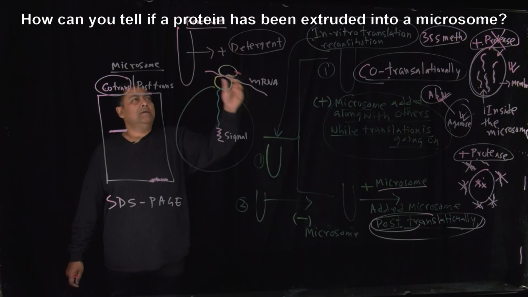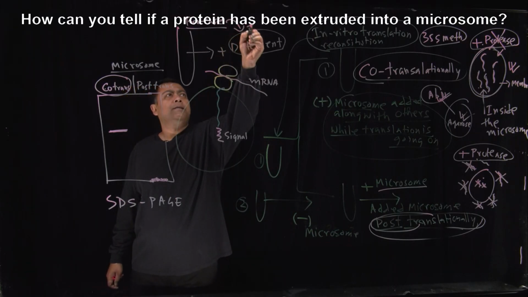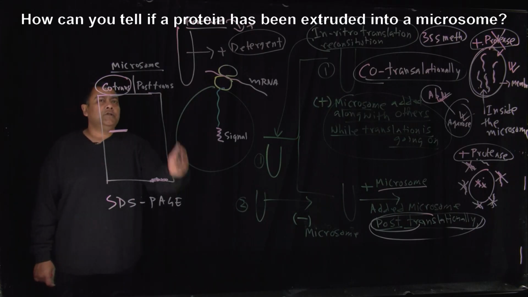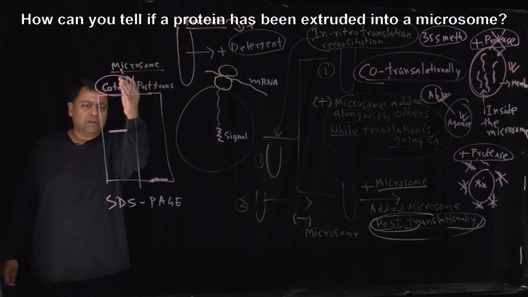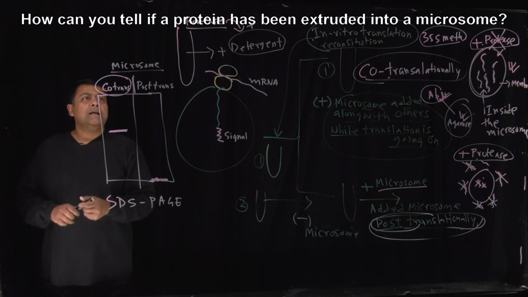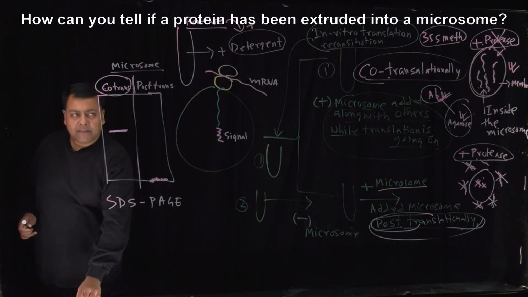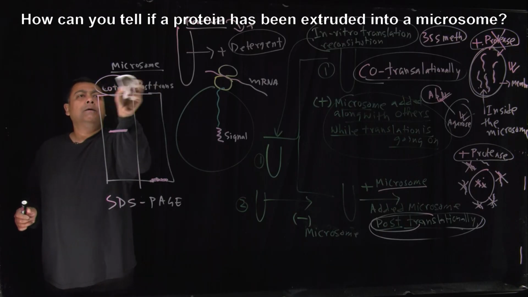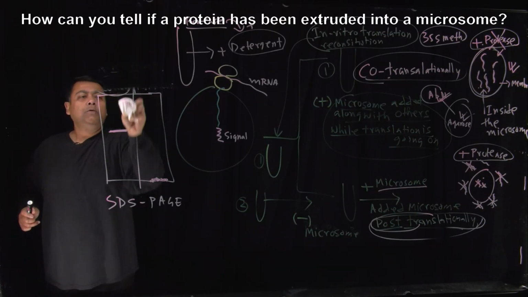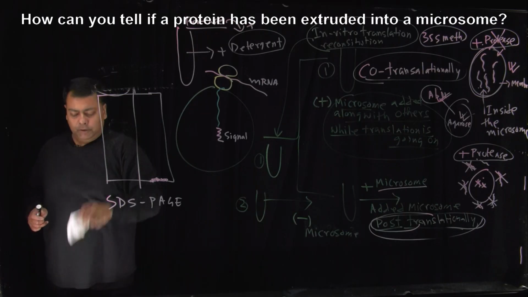So after the detergent, we add plus protease. Now when we run the gel back again, suppose this is just that single lane, if we modify this just a little bit, both are co-translational, so both the lanes should look alike.